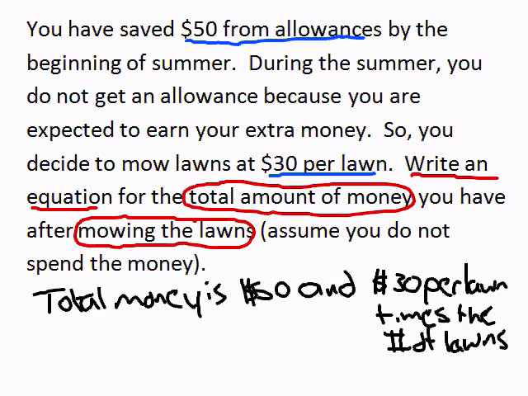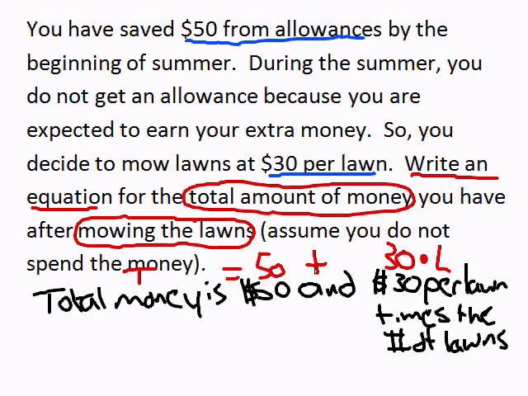Total money. Let's call total money T. And $50, that's a fixed amount. And plus would mean plus $30 per lawn. So we know it's going to be 30 per lawn times the number of lawns. So I'm going to go times the number of lawns. I'm going to say that's L. The word is means that the total money is equal to.